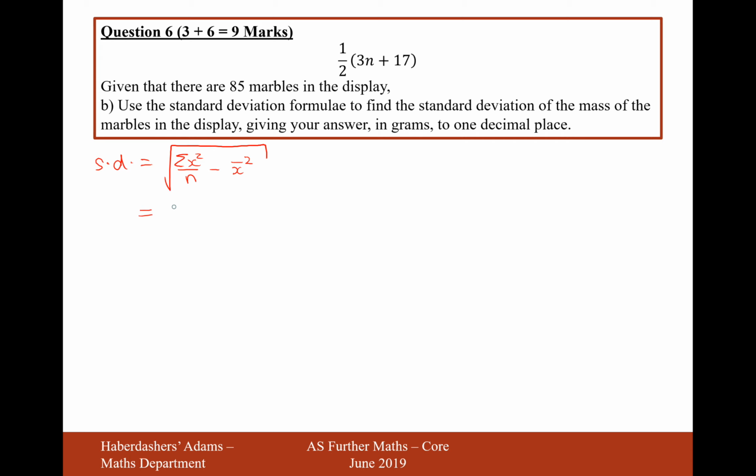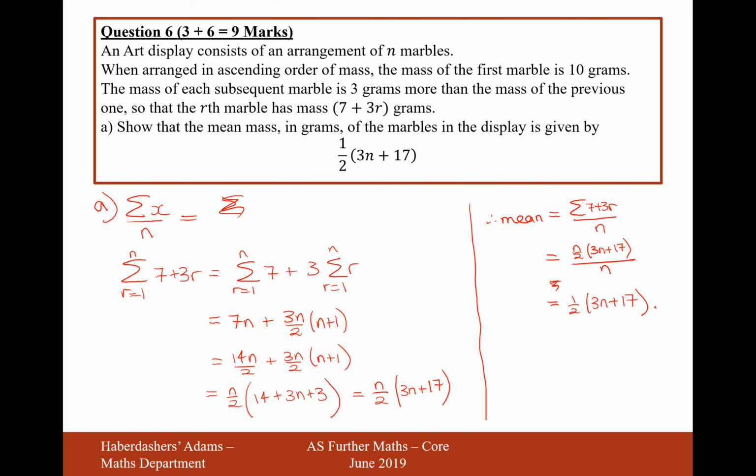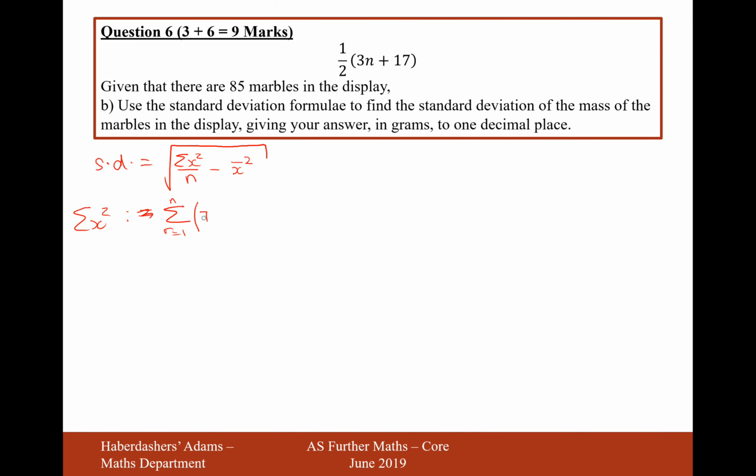Okay, so let's now first do this top left hand feature here, which is the sum of the marbles squared. Let's not press equals, right, now we're going to do the sum of x squared. So this is going to be the sum from r equals 1 up to n of the marble formula, which was 7 plus 3r, squared.